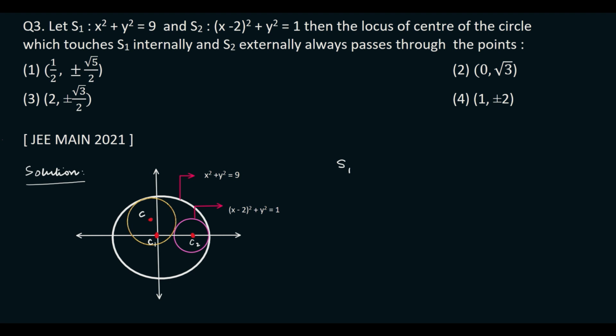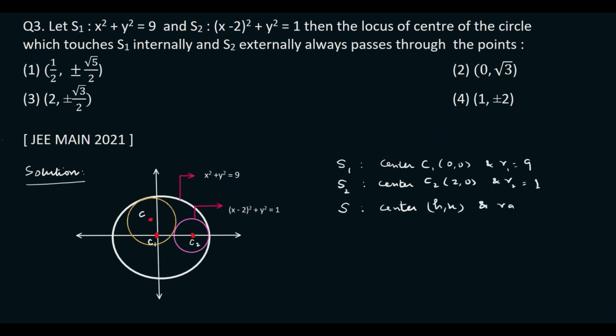We can see the two circles and the third which is touching the bigger one internally and the smaller one externally. You can see S1 has center C1 (0, 0) and radius 3. S2 has center C2 (2, 0) and radius 1, and S is the third circle having center (h, k) and radius, let's say, R. Now in this situation we can see very well the circle C is touching S1 internally.